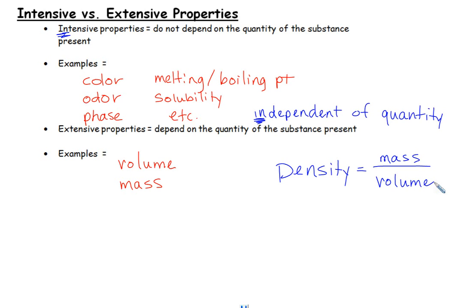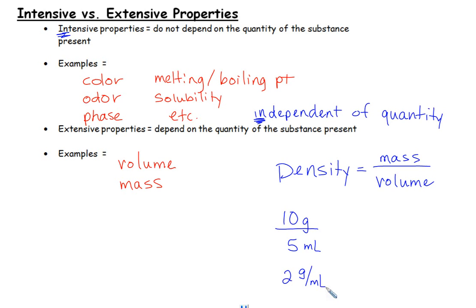But then you start thinking about it and you say, but wait a second. Density is a ratio of mass to volume. What if I had, I don't know, 10 grams, and it had a volume of, I don't know, 5 milliliters. My density would be 2 grams per milliliter.